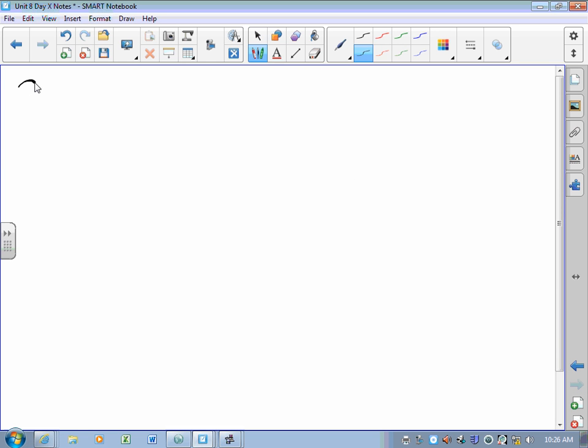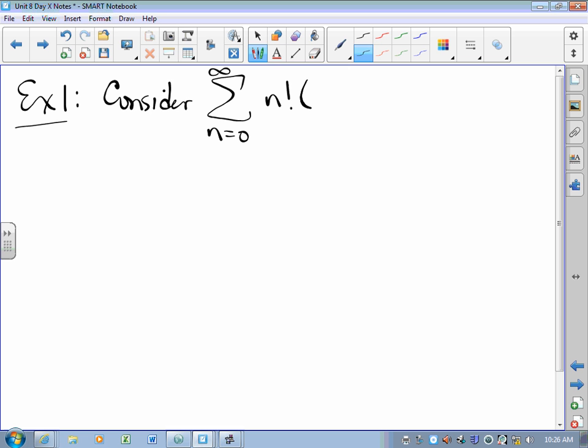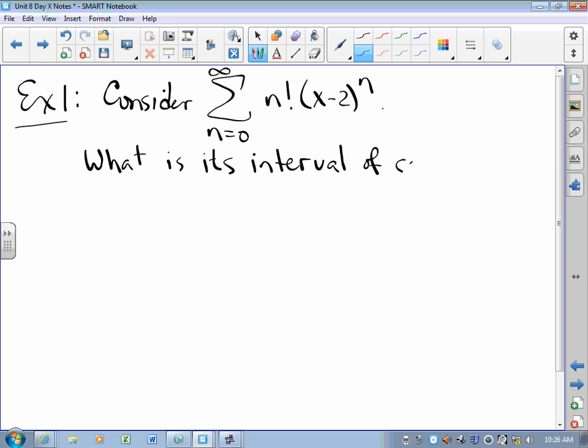So, consider the summation, n runs from 0 to infinity, of n factorial times (x minus 2) to the nth power. What is its interval of convergence?